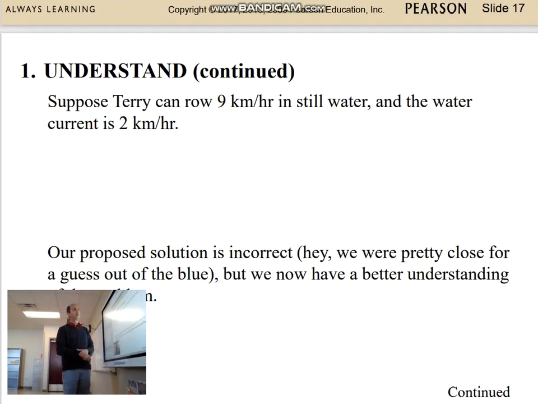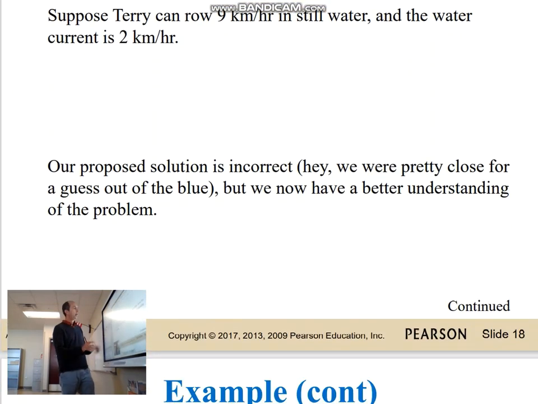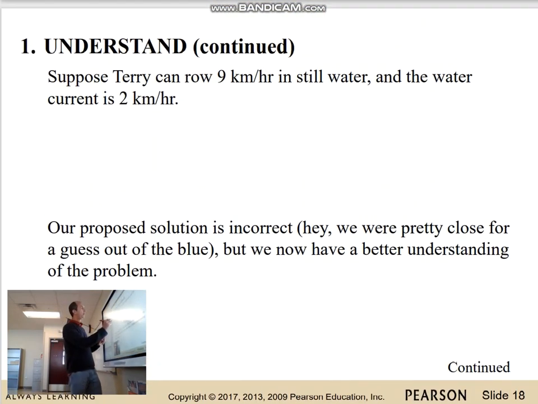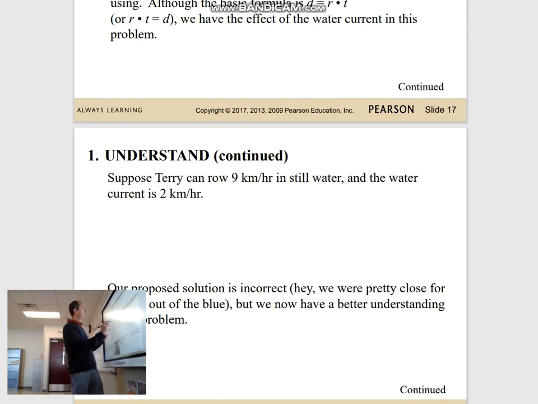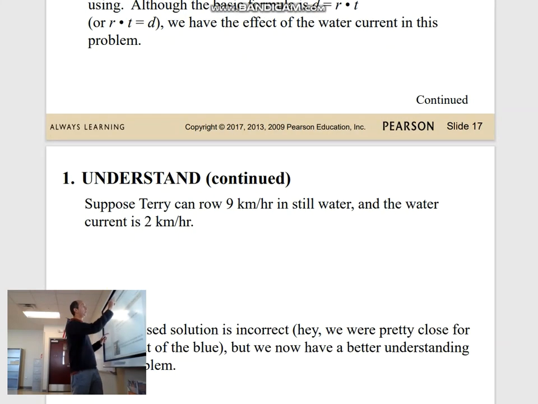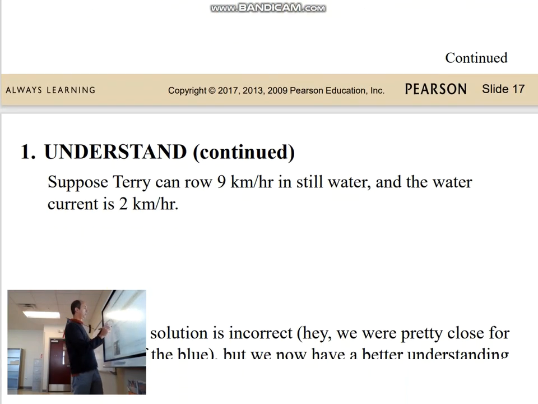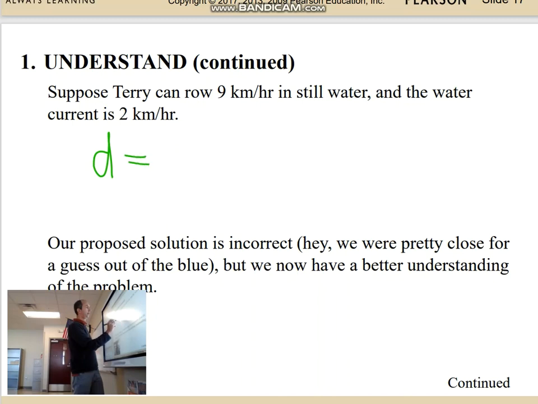Suppose Terry can row 9 kilometers per hour in still water, and the water current is 2 kilometers per hour. Then we will have the distance in 1 hour is going to be S times T, upstream or against the current. Let's say first upstream.